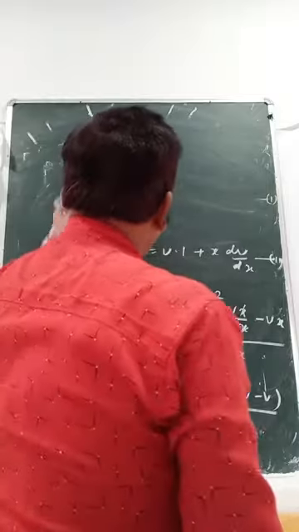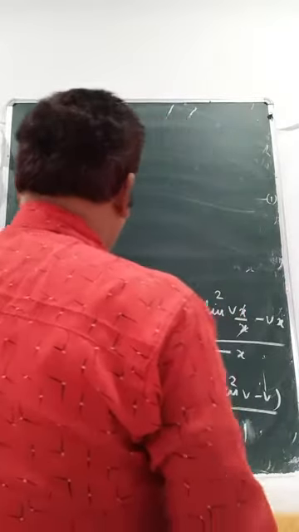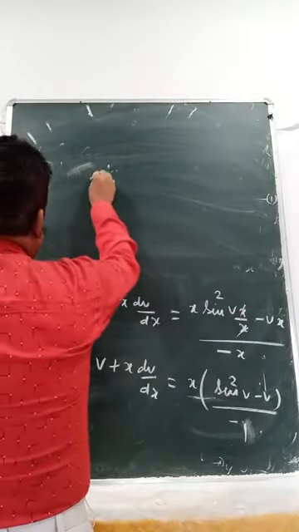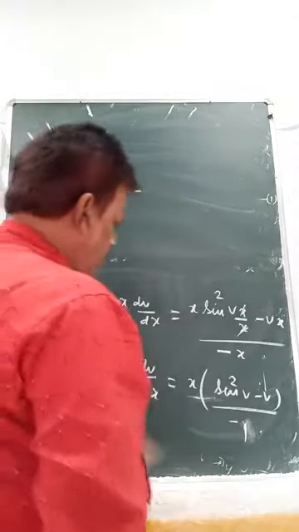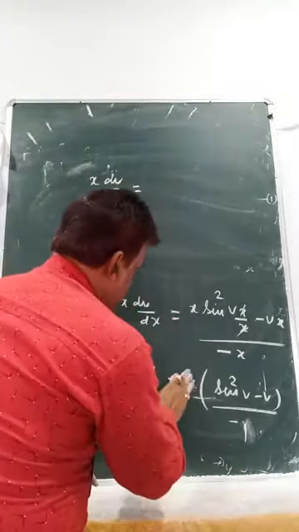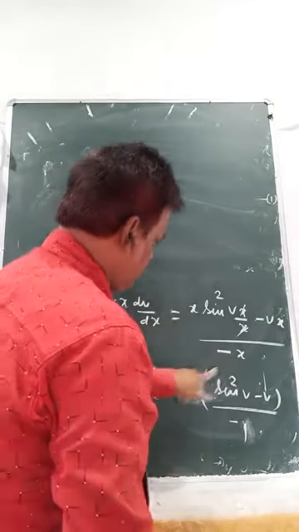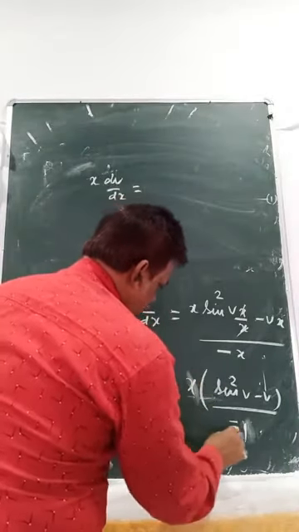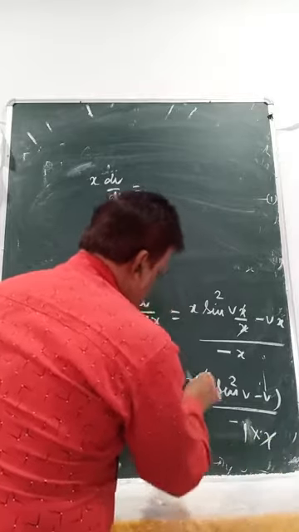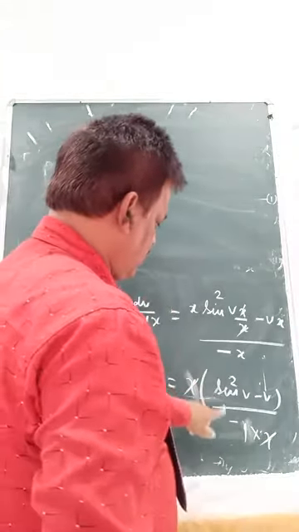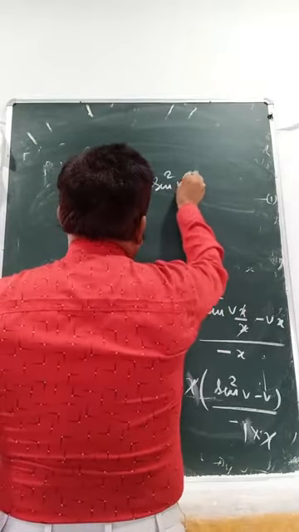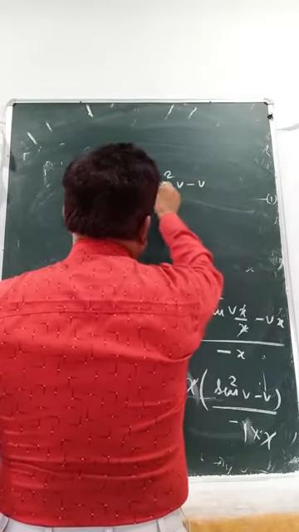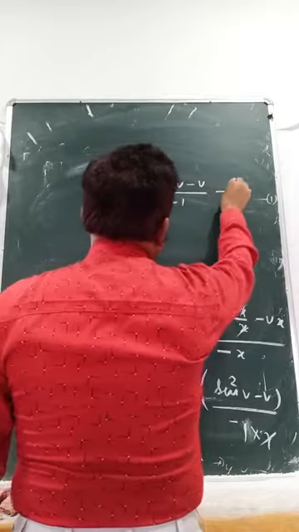So x dv by dx equals sin square v minus v divided by minus 1 minus v.